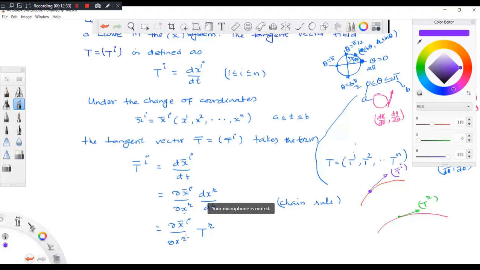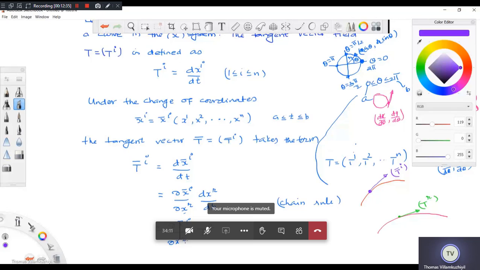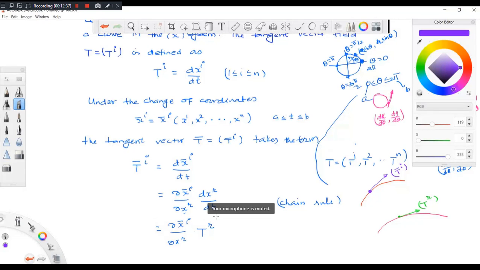Now you look at the definition of a contravariant tensor. How do you define the contravariant tensor? T bar i is equal to T r into del x bar i by del x r. You look back at the definition of a contravariant tensor.